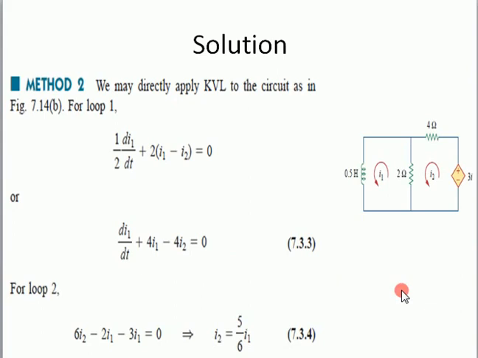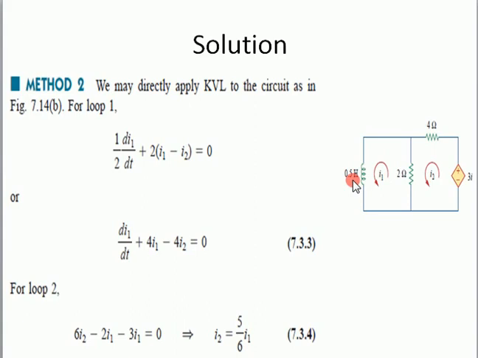So let's do it. We are doing the mesh analysis here. So this is mesh 1 and here is mesh 2, that there are the 2 loops present in it, and in loop 1 the current I1 is flowing, and in loop 2 I2 is flowing. So when we write the KVL equation, this is VL plus 2 into I1 minus I2 is equal to 0. Now what is the VL?